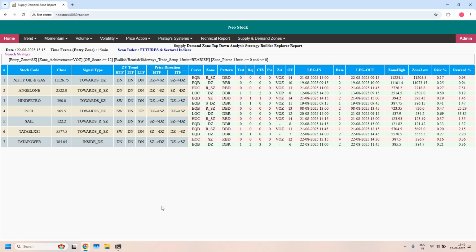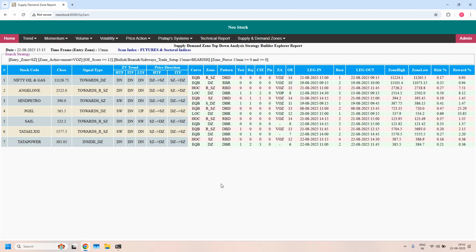All these 7 stocks are supporting bearish trade setup for daily income trade, and entry time frame zones are 15 minutes supply zones. So total we got 7 15 minute supply zones.